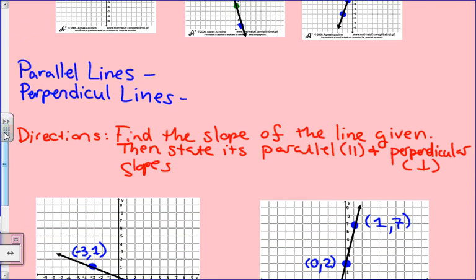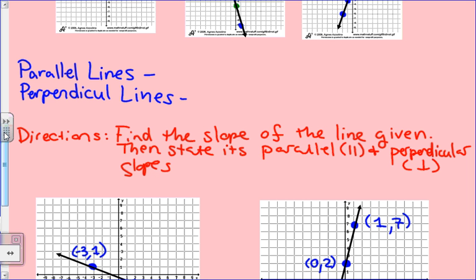So, let's talk about parallel and perpendicular lines. Let's talk about parallel. If the first one is increasing, the parallel has to increase also. If the first one is 0, the other has to be 0.